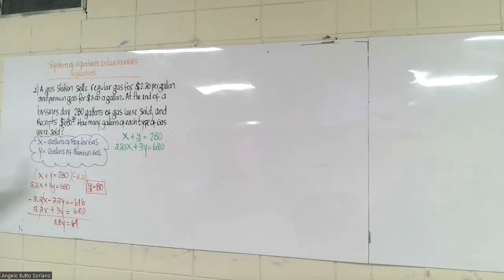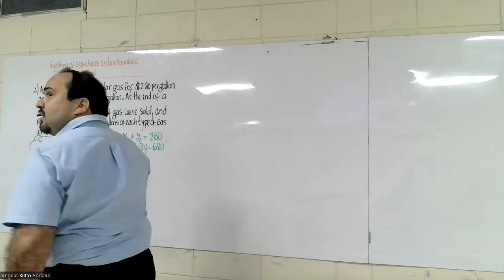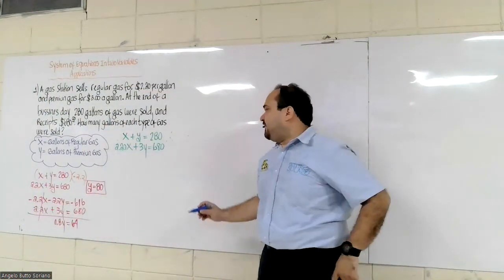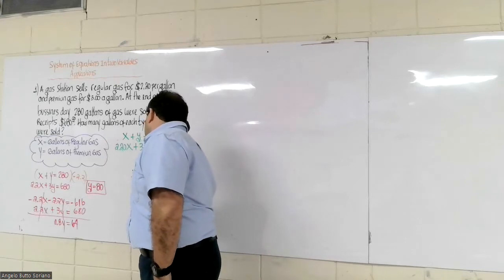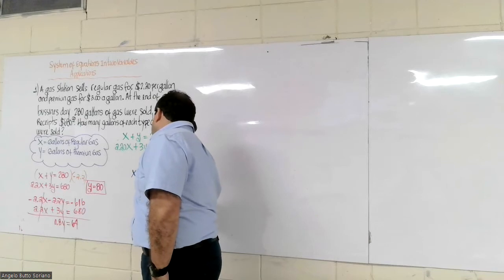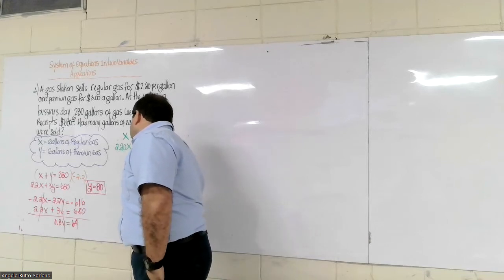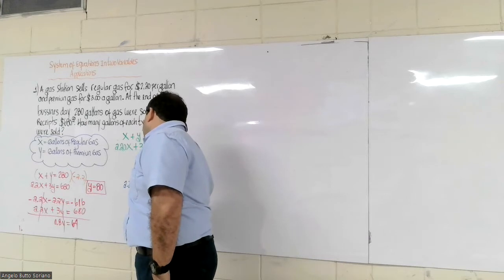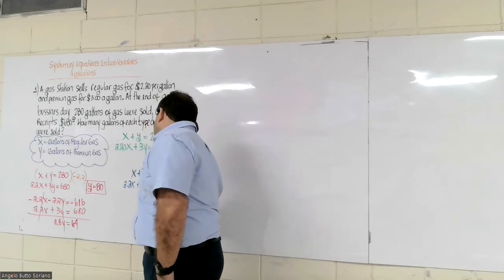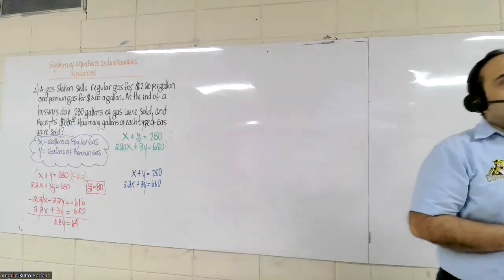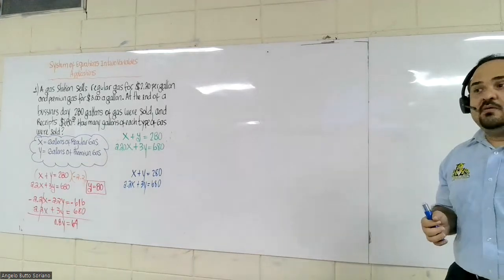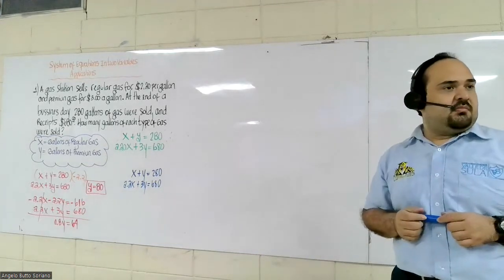Now let's continue with the second one, because we must find the value of x. Again, we copy the equations: x plus y equals 280 and 2.20x plus 3y equals 680. Now it's time to eliminate y.